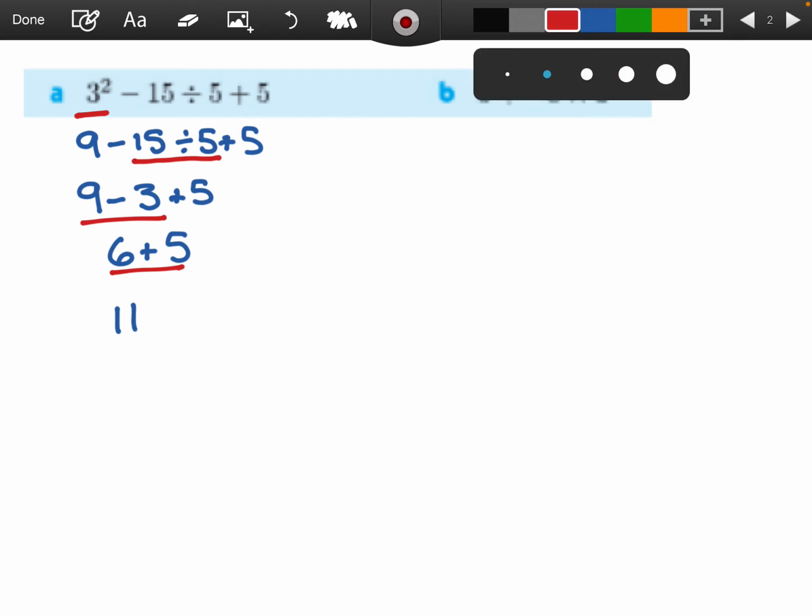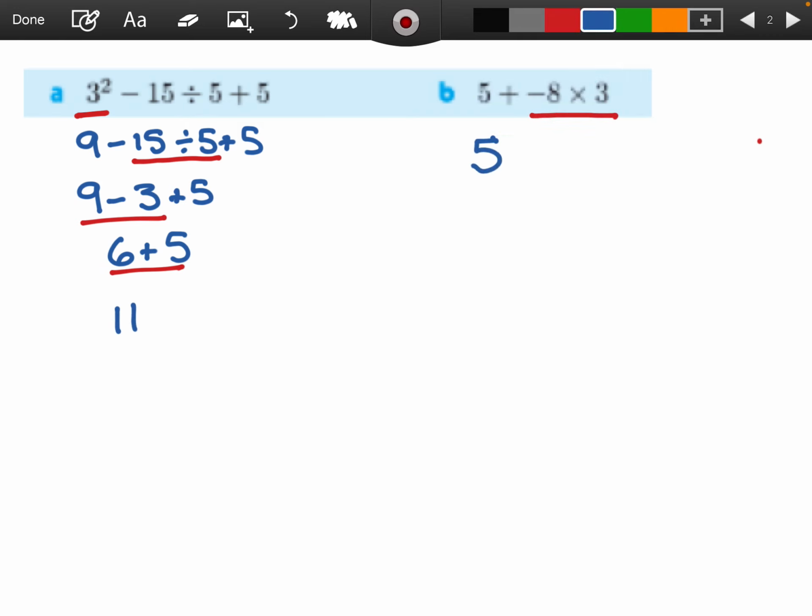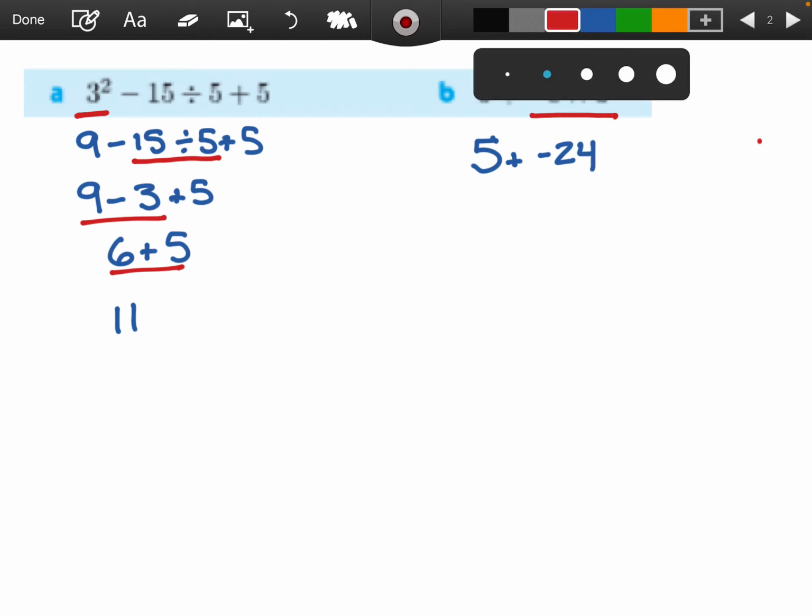We've got 5 plus negative 8 times 3. We will begin with the multiplication. Again, the 5 plus stays, negative 8 times 3 gives me negative 24. So we have 5 plus negative 24. The next thing I'm going to do is deal with these 2 symbols.